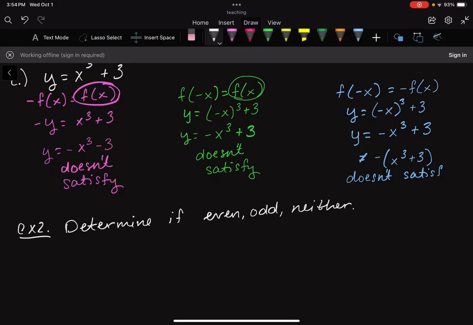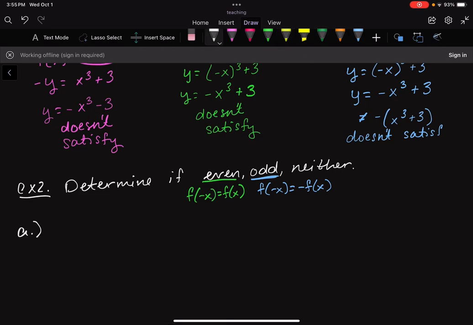And so I want to remind you, for an even function, the property that we're going to see is this property here, that plugging in a negative x would be the same as plugging in a positive x. For odd, we should see that plugging in a negative x is the same as pulling a negative out to the front. And then neither, we're just going to see neither of these things happen.